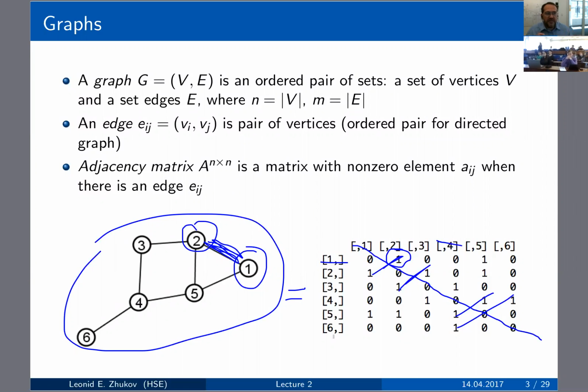If there is no preferred direction, the matrix is symmetric. The way to understand it, of course, is that if there is an edge between node 5 and node 1, here it is, then of course there is an edge between node 1 and node 5. It's sort of obvious, but it's something to keep in mind.